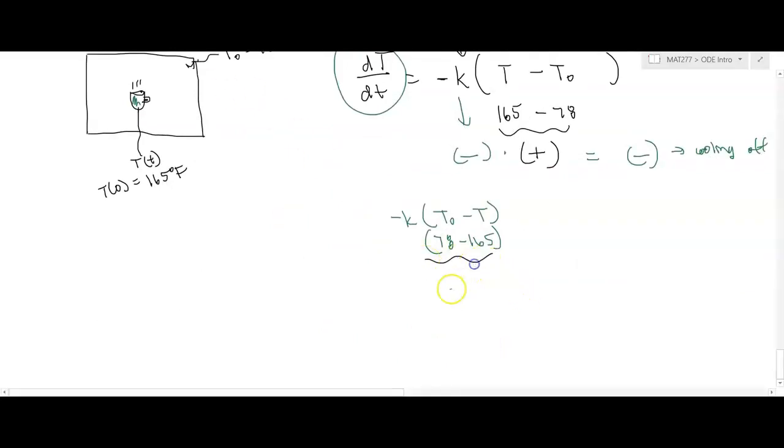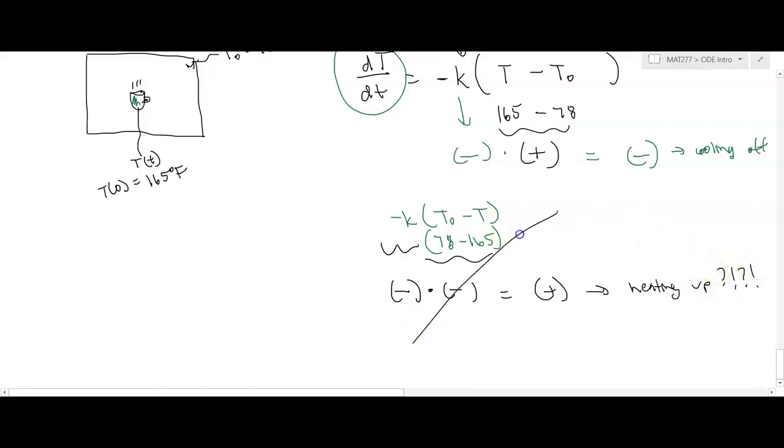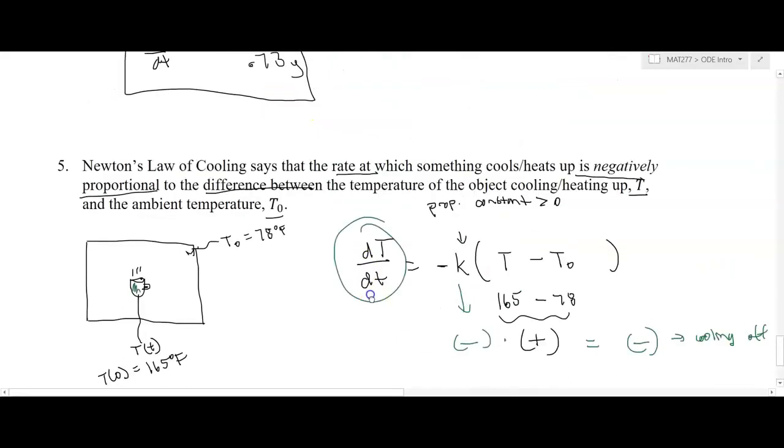And this quantity right here is going to be negative, and when you multiply a negative by a negative, you get a positive, and this suggests that the coffee is heating up. And I'm going to put a big question mark and exclamation there, because clearly this situation doesn't make sense. How could a hot cup of coffee start heating up in a room that is cooler than the cup of coffee? So sometimes these little details make a big difference in our modeling approach.